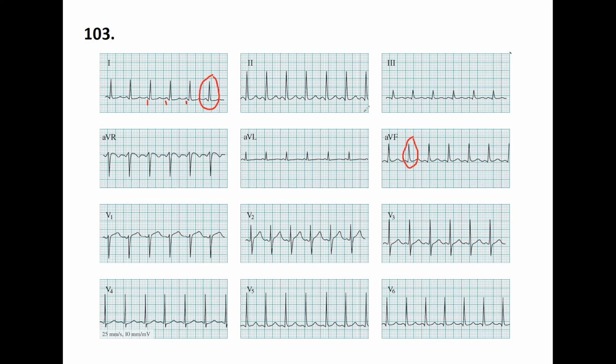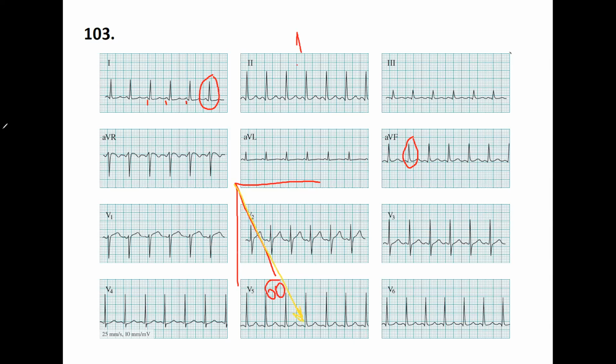The smallest one may be AVL, but it is still positive. So what can we use? We can use, let's see, which is the largest one, which is the biggest one. Okay, which is the biggest one? Biggest one is lead number 2. What does it mean? Lead number 2 is meaning 60, yes? So the axis is parallel to 60. Okay, so the axis could be around 60.